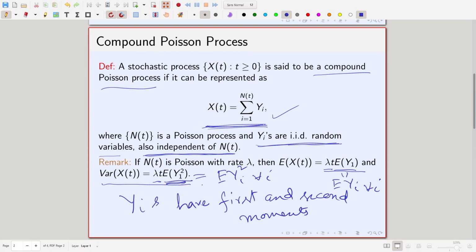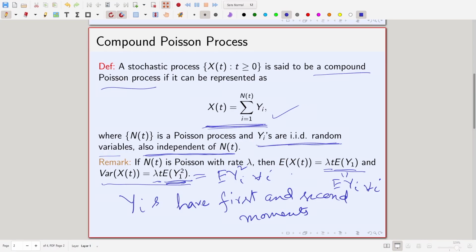Again, I will not work this out. I have just given it as a formula. I will not prove these two formulas, namely how we get the expectation of X_t as lambda t times the expectation of Y_1 and the variance of X_t as lambda t times the expectation of Y_1 squared, but I strongly encourage you all to try and prove them by the standard conditioning argument, here conditioning on N_t.